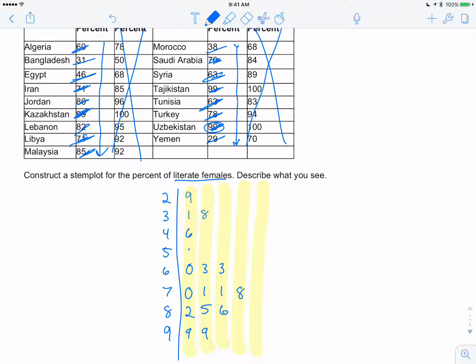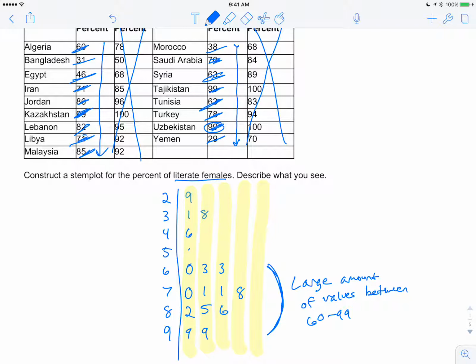This area here has the majority of the data, between 60 and 99% of the literacy rates for the females. So describe what you see. I'm going to put down that there's a large amount of values between 60 and 99.